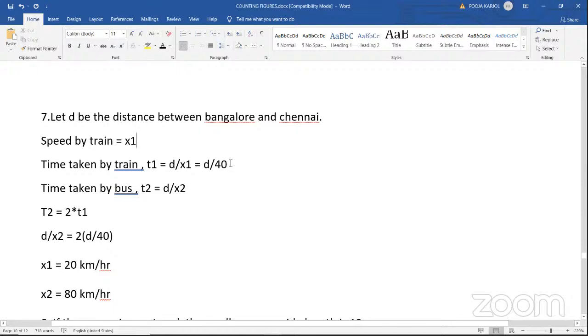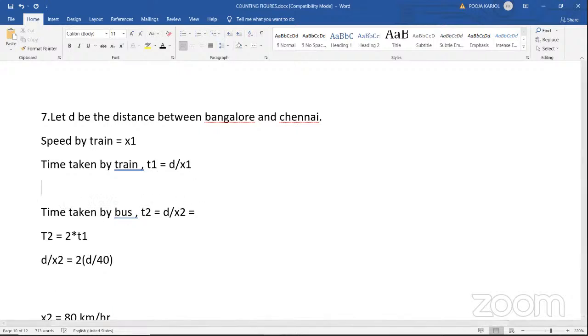Then the speed of the bus is x2. So x2 is 40.